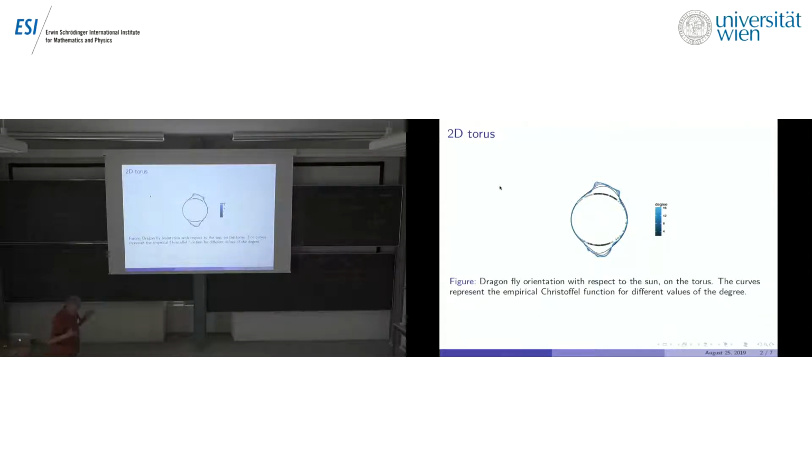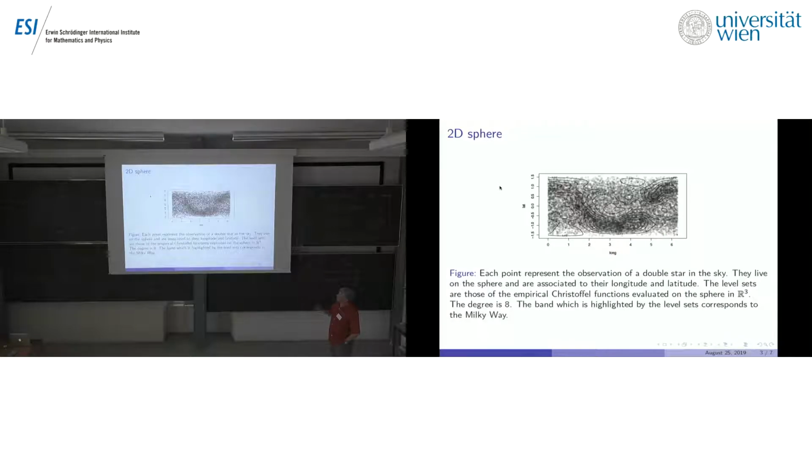And why I mentioned, because we have 2 angles here, and the 2 angles, like in classical mechanics, they live on the torus. So here, the basis is not Euclidean, but rather the torus. And again, the Christoffel function turns out to be very accurate to the real data.